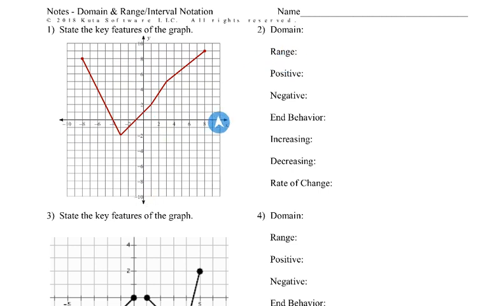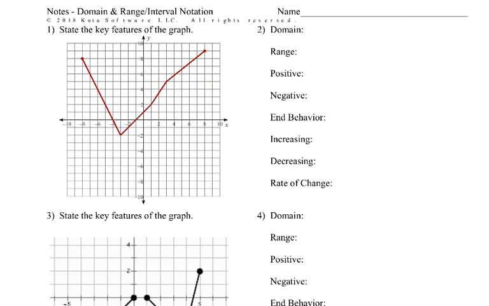But it's based off that x value, and it's simply telling us where the domain is, or where it's positive or negative or increasing or decreasing. And behavior and rate of change are different things. The four we really need to understand are domain and range and increasing and decreasing. These other ones are extras, which I'm going to do in this video, but aren't as important at this point.